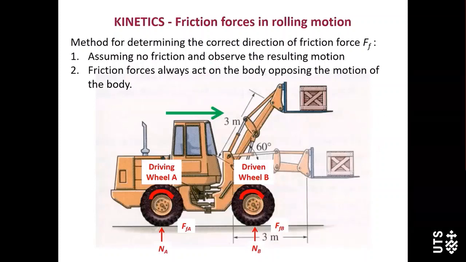Look at this diagram. Here, there's a vehicle. Front wheel, rear wheel. In this vehicle, the rear wheel must be a driving wheel, and the front wheel should be a driven wheel.